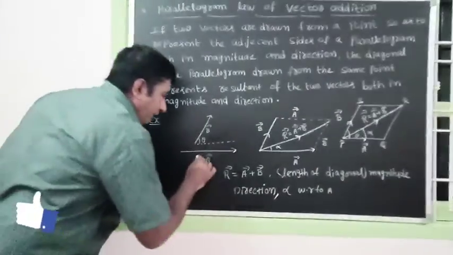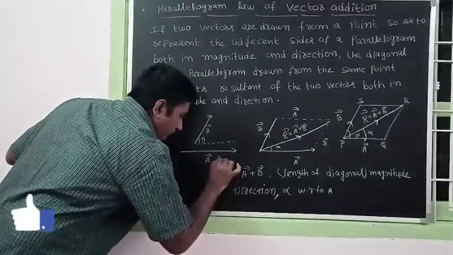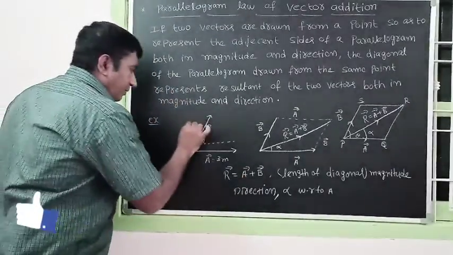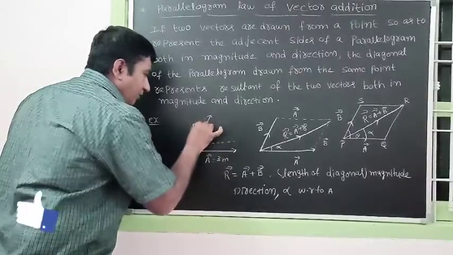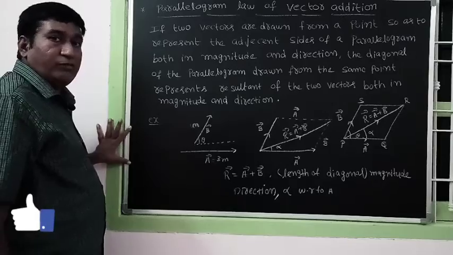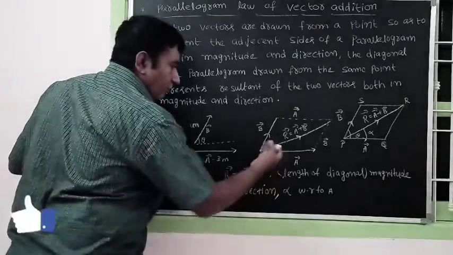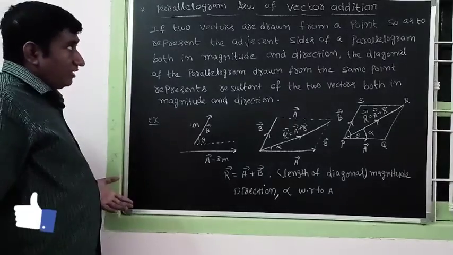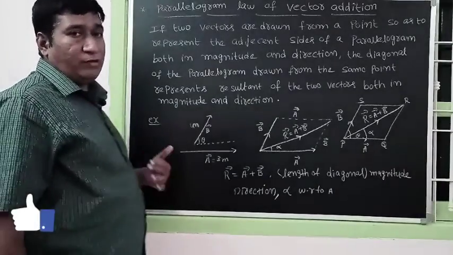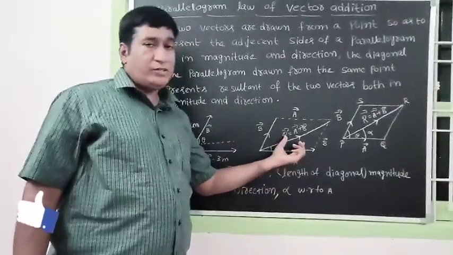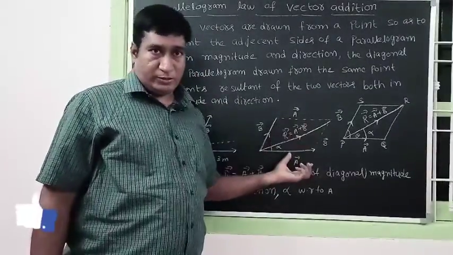For this you have taken the same example, 3 meters and 4 meters, and you get the same answer: the resultant is 5 meters along 57 degrees. So the parallelogram law and the triangle law of vector addition are the same, but in most cases you will prefer the parallelogram law of vectors.